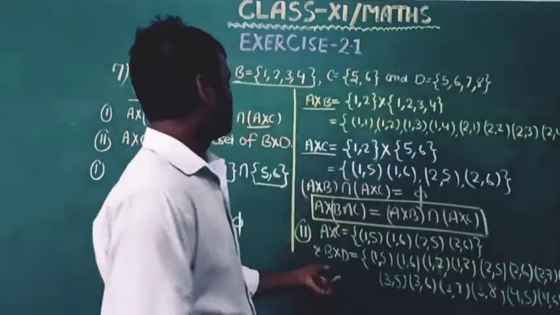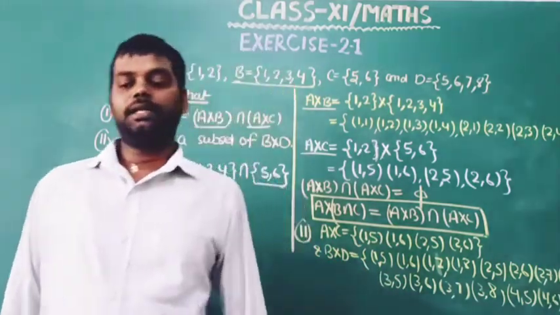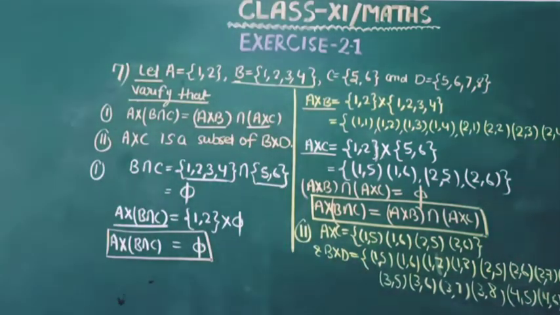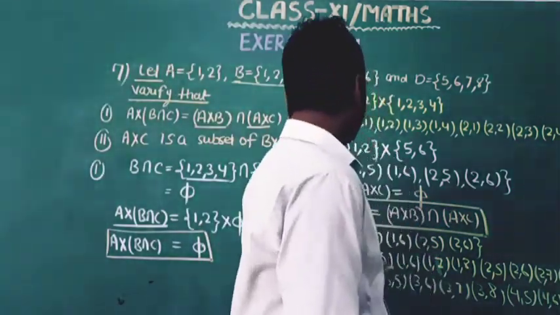Okay, so this is the Cartesian product of B cross D, and we have to show A cross C is a subset of B cross D.